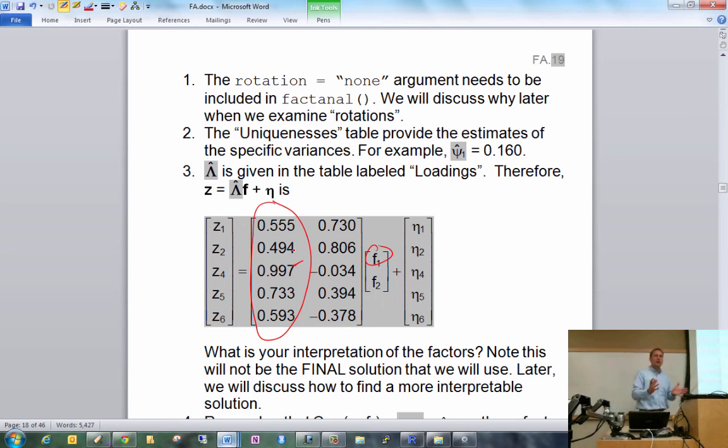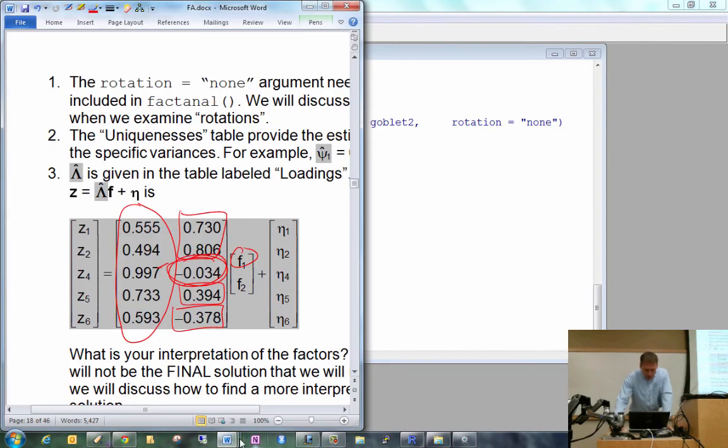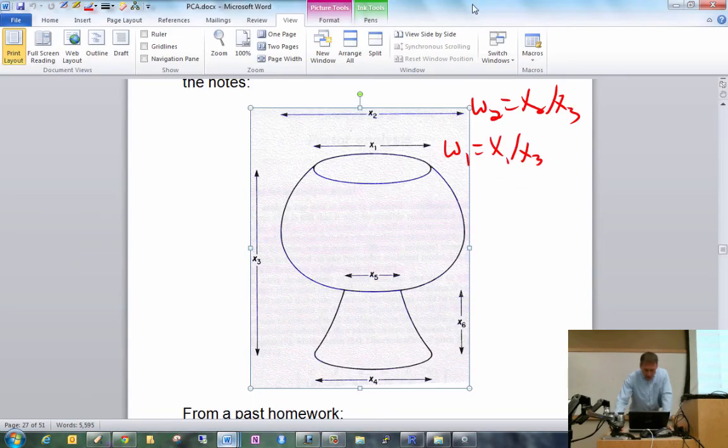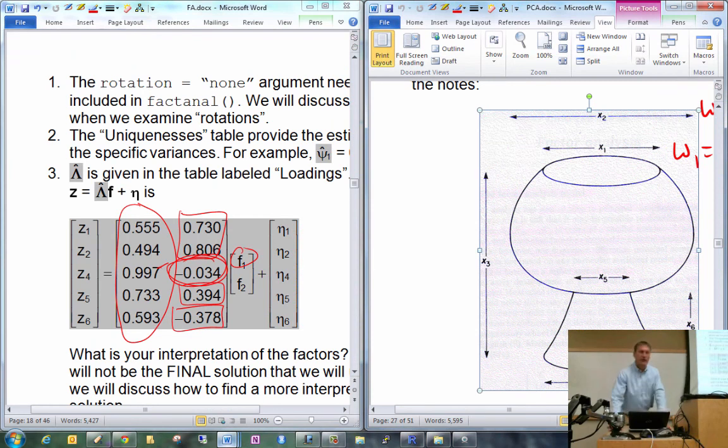Common factor number 2, notice we have positive values here. We have a positive value there. We have a negative value. Notice we have one that's close to 0. Let's see if I can do this. I'll dock it on the left side, and I'll bring up the actual goblet itself.